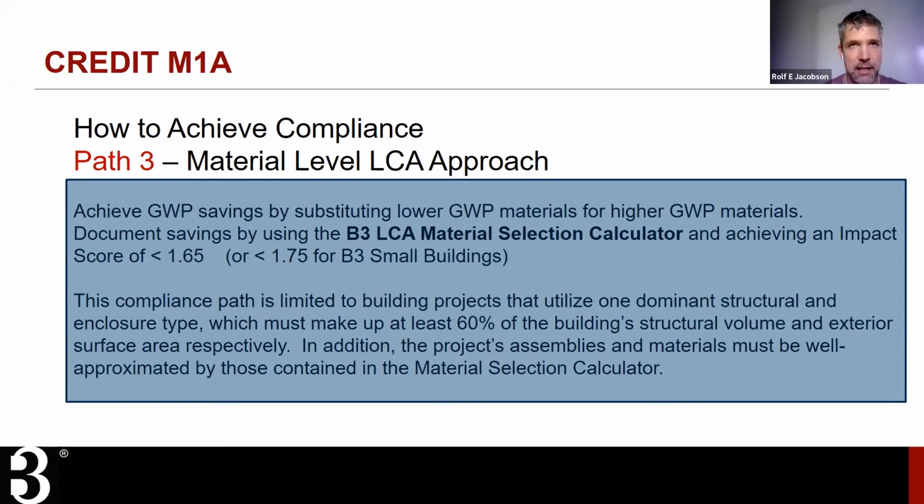They have to be contained in the material selection calculator. So there's going to be some product types you won't be able to find in that. And in that case, it might be better to use a whole building LCA with a larger selection of products, or even something like, I think in Tally, in one click, you can build up your own results for a building material if you need to.